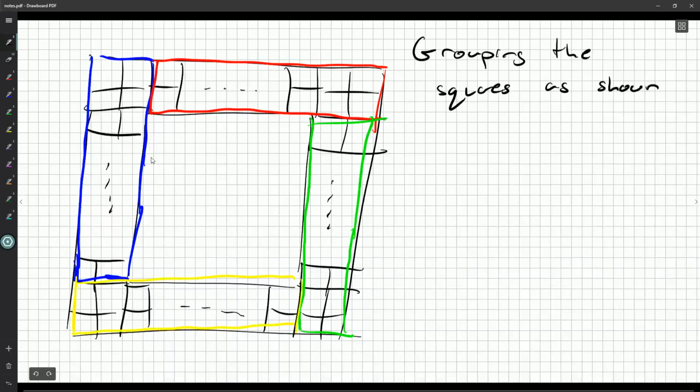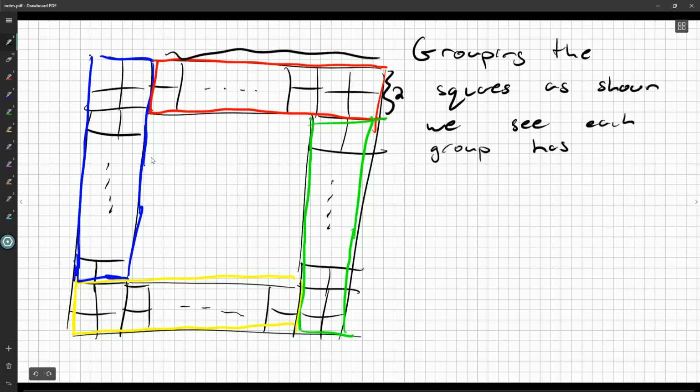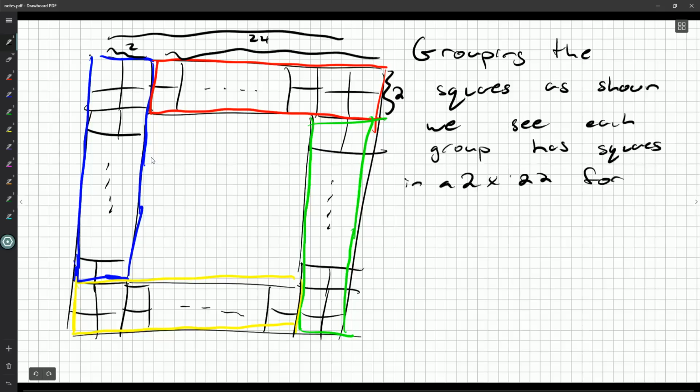So grouping the squares as shown, we see each group has, well, each group is 2 by, well, there's supposed to be 24 in total, but we come back by 2, so it has squares in a 2 by 22 formation.